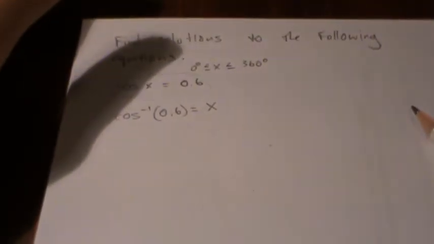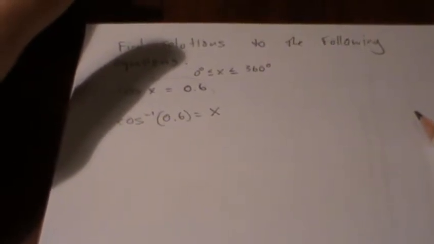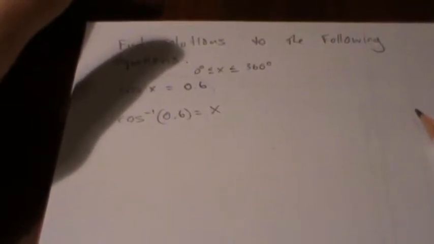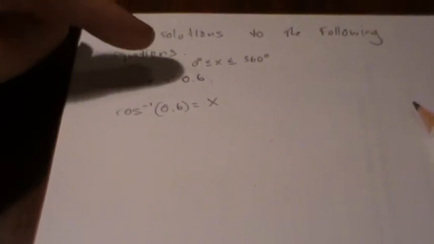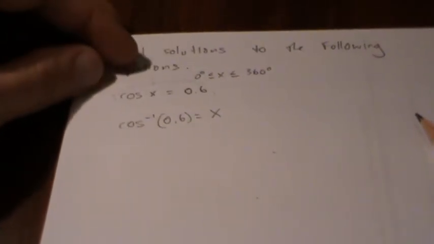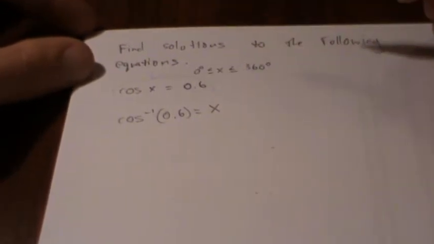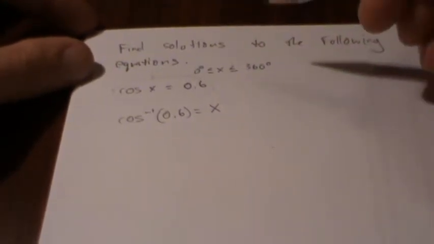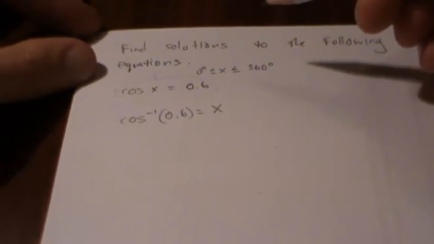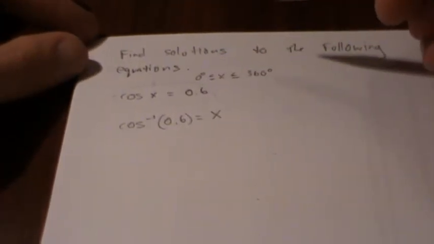If I were to do that in my calculator, I'll go second inverse cosine of 0.6, making sure that I'm in degree mode, because this says that your x value should be between 0 and 360 as your domain. So the only acceptable solutions will be between 0 and 360.